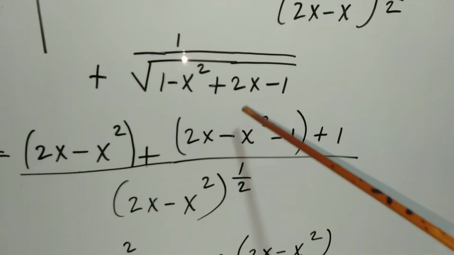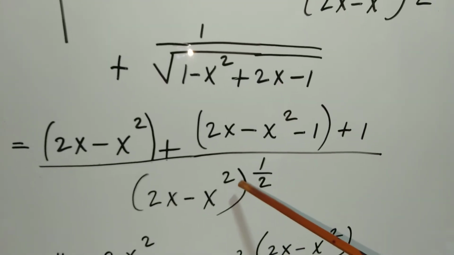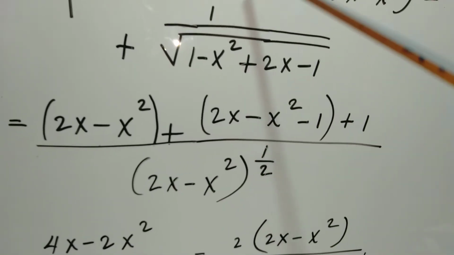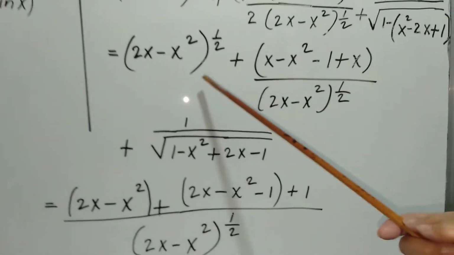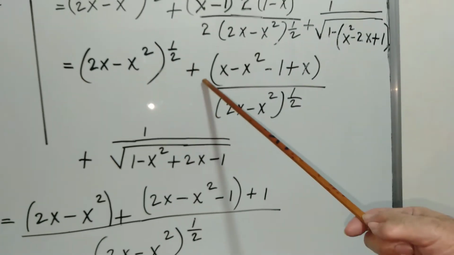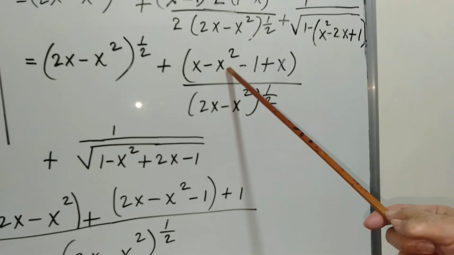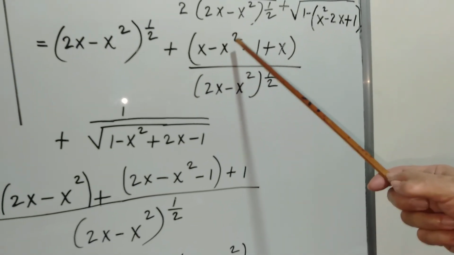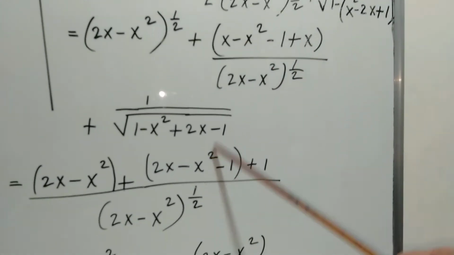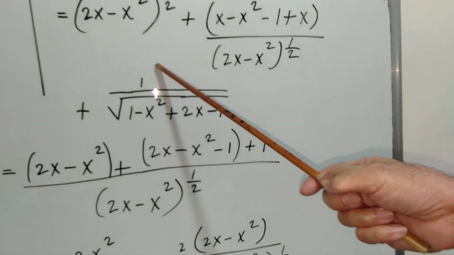Simplifying further and getting the LCD to be 2x minus x squared raised to 1/2, this will be our LCD for the three terms. The first term is 2x minus x squared, plus the second term, negative x squared plus 2x minus 1, and the last term is 1.